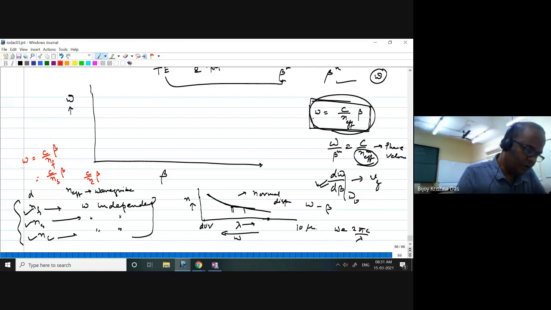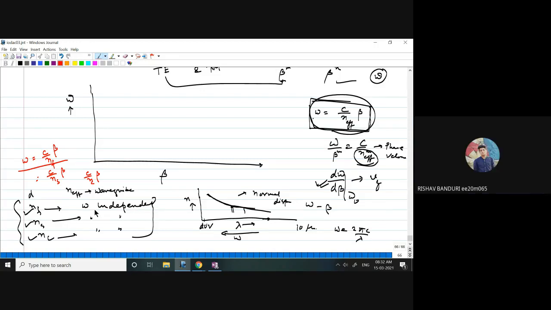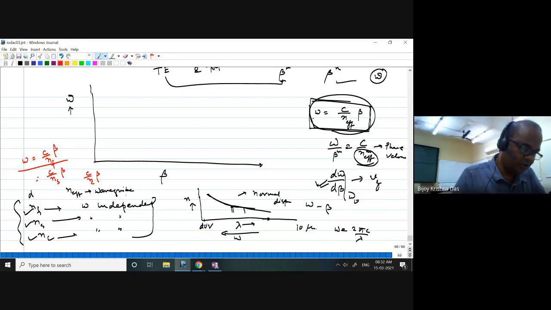So if I just plot this one first, how will it look? Omega equal to C by NF beta. It will be a straight line, because this NF is constant as a function of frequency. C by NF is a constant.